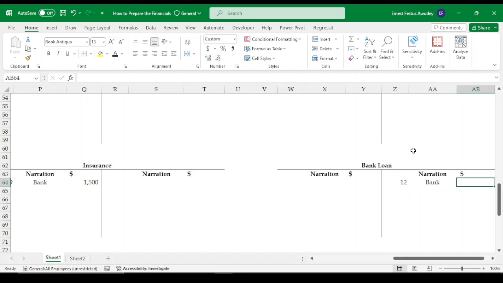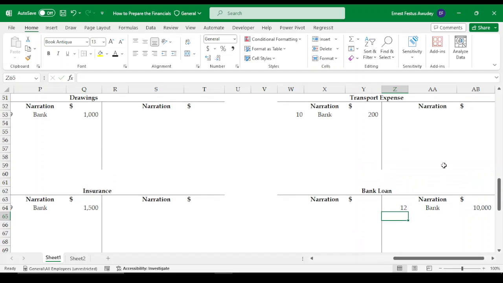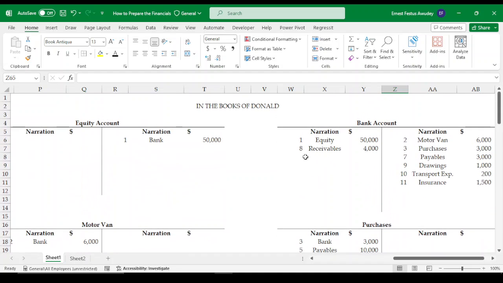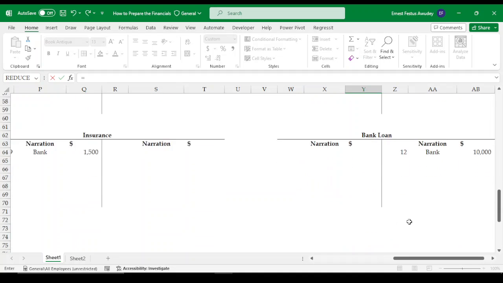Therefore, I have my bank there, and the amount is 10,000. So quickly, I'll go to my bank account, which has actually received a fresh loan. So our bank amount has increased. Therefore, I'll have my bank loan here, and I'm going to reference the amount from my bank loan account.